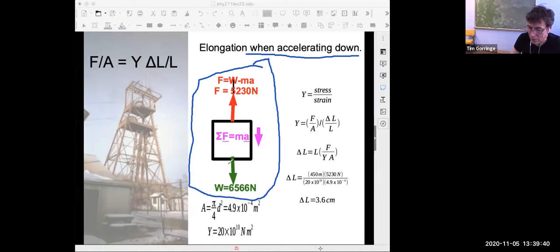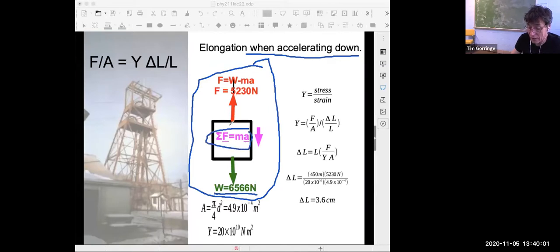Here's a diagram of the forces. So I want to emphasize all this stuff in this final module is about using the notions of forces and energy we've met earlier on. The elevator has a force of gravity pulling it downwards. It's going to accelerate downwards.